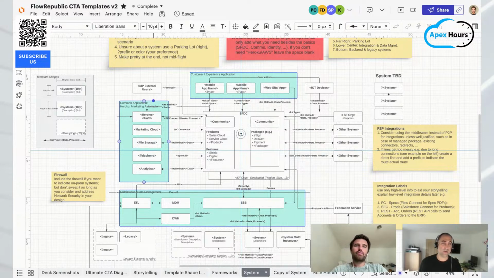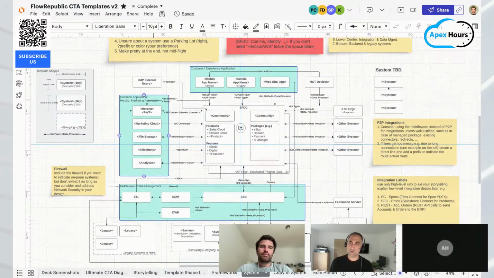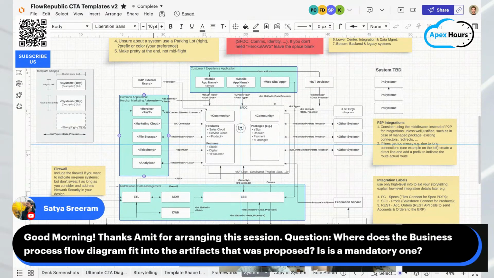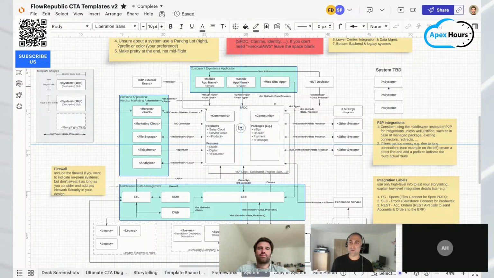What we're showing here is a reference model that you can use. Please don't take it as a set of instructions as to how you need to draw your diagram. This is a way of laying out systems. What we tend to see is that every scenario is different, and therefore, if for example you tried to put one of the systems on the left, but it's got a connection over to a system on the right, does it make sense to put it on the left anymore?